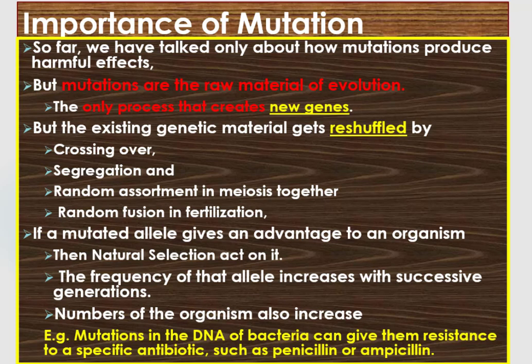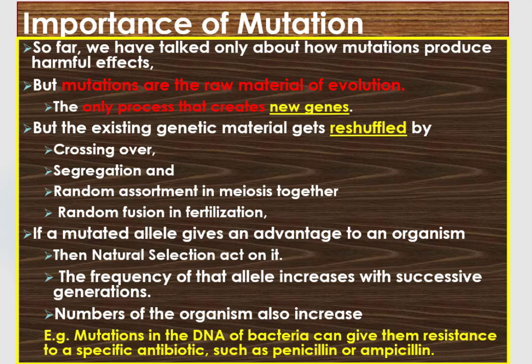So far, we have talked only about how mutations produce harmful effects, but sometimes mutation can produce certain values. The value is that mutations are the raw materials of evolution that can let organisms evolve or change over time.